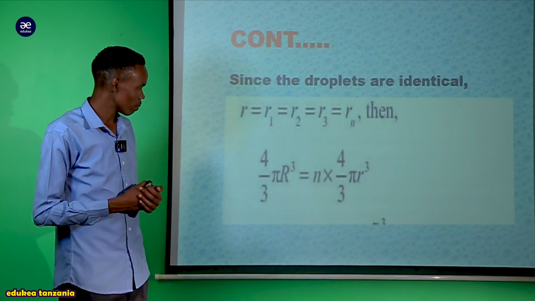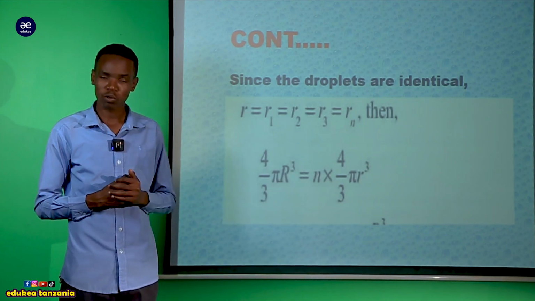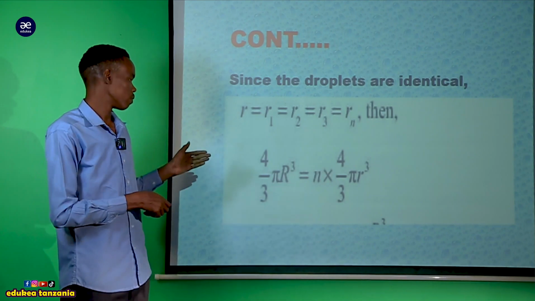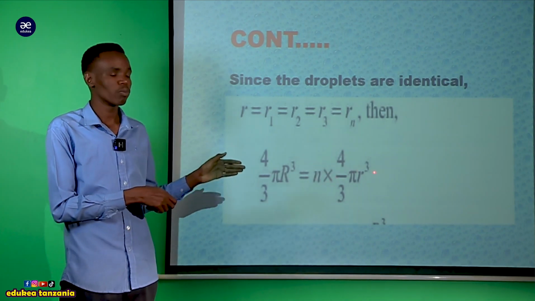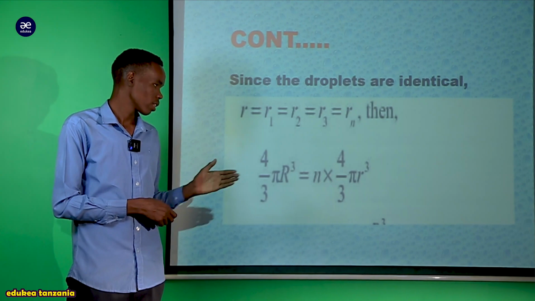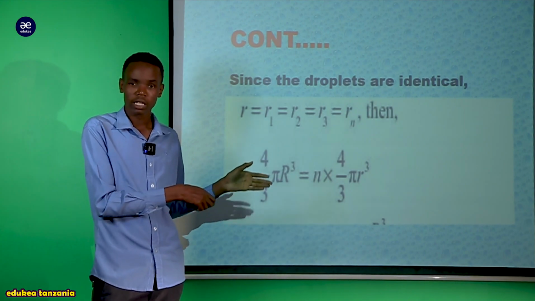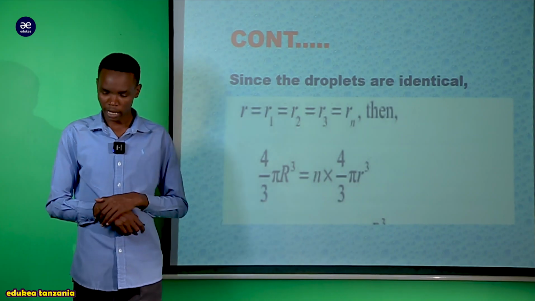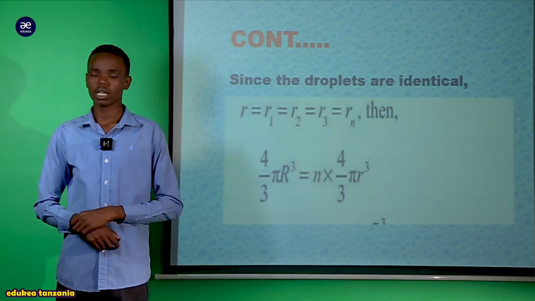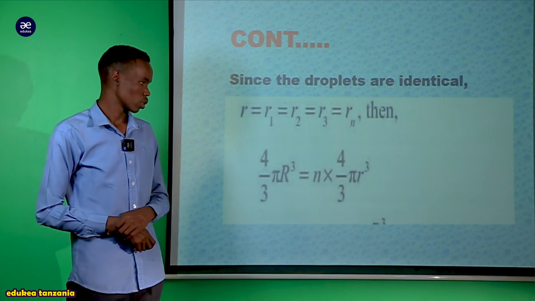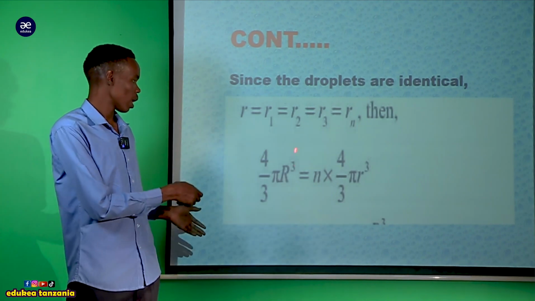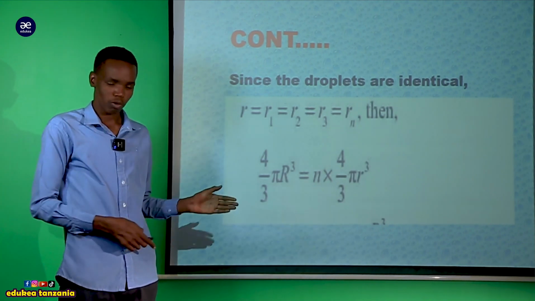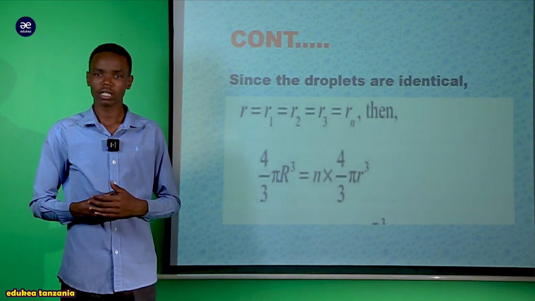Kwa wakiwa the same, basi formula ambayo tutaipata pale itakuwa ni 4 over 3 pi R cube equals n times 4 over 3 pi r cube. This is what we tried to observe, my dear student. So kwa sababu hao wanafanana, basi tutacancel out. Tutaenda tuangalia kwenye next slide.